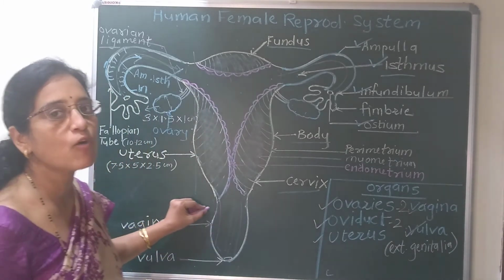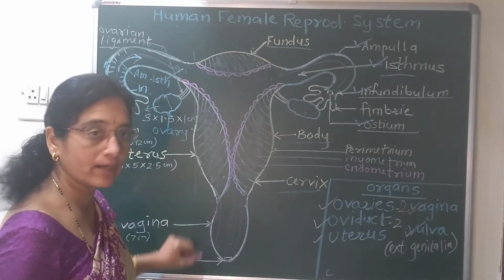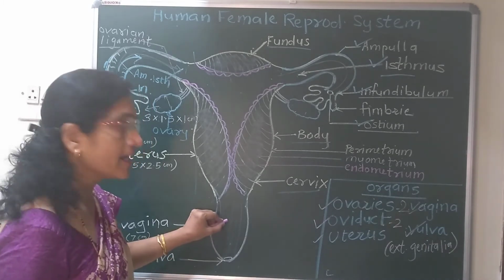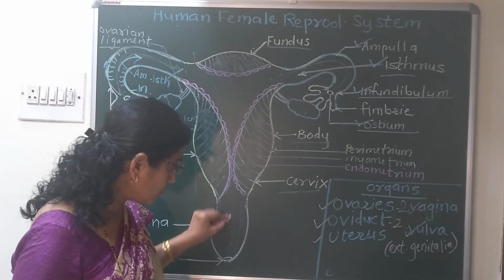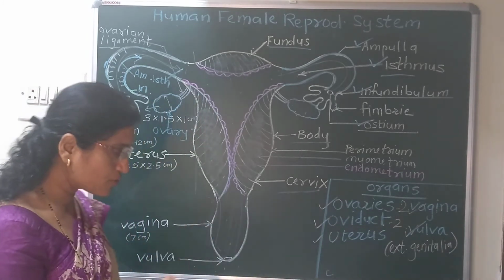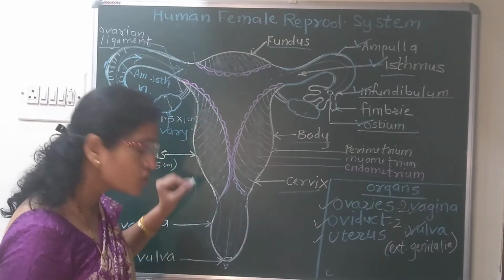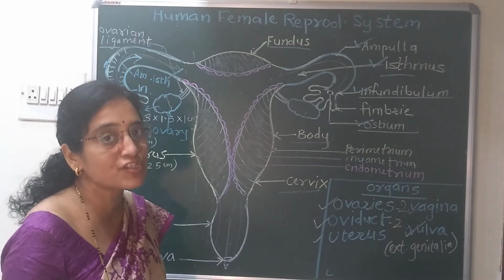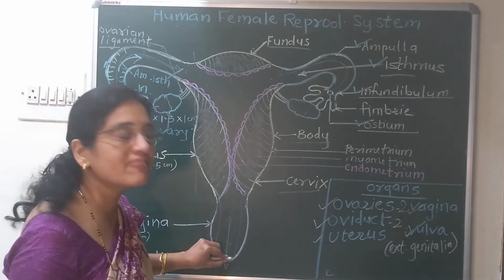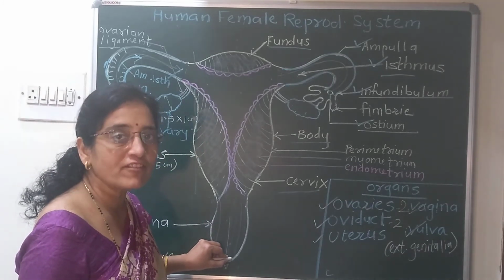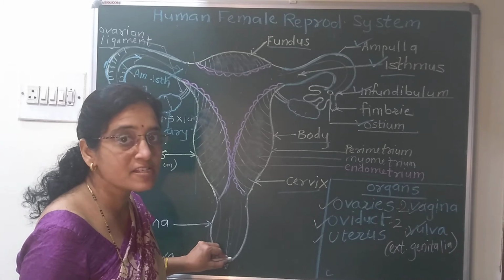It is also about 7 centimeter long. This vagina is also called the birth canal. It gives birth to the baby, from inside to outside, and also receives the sperms during copulation. Male gametes are sperms.